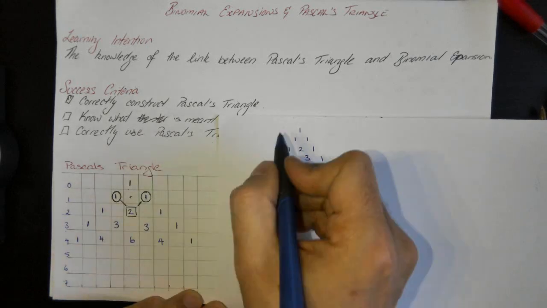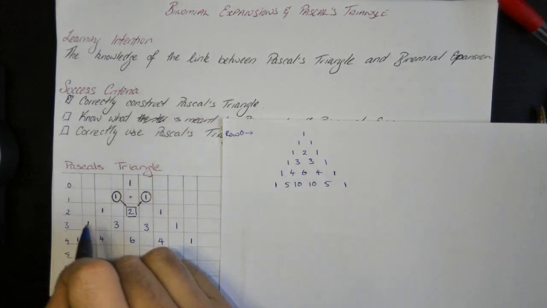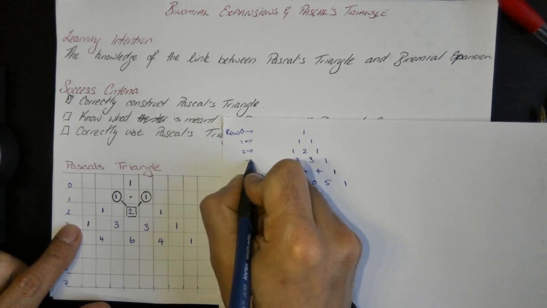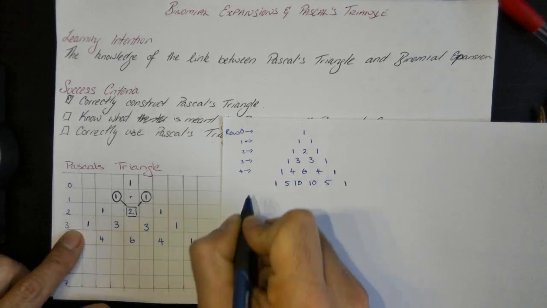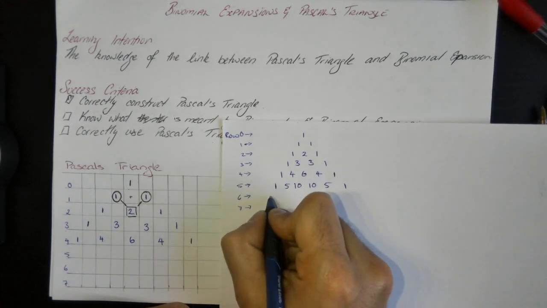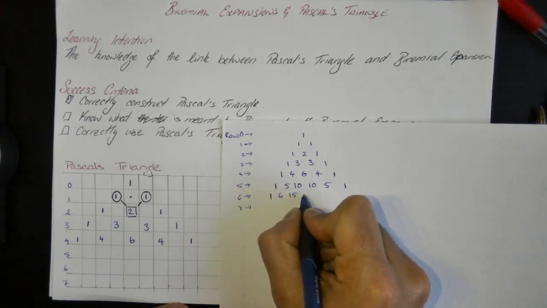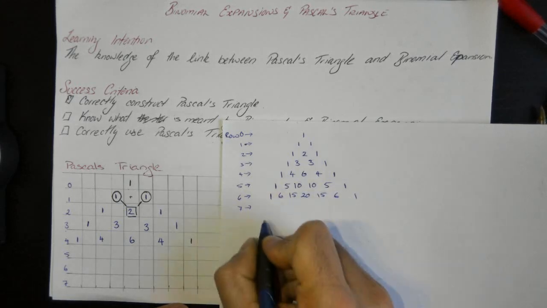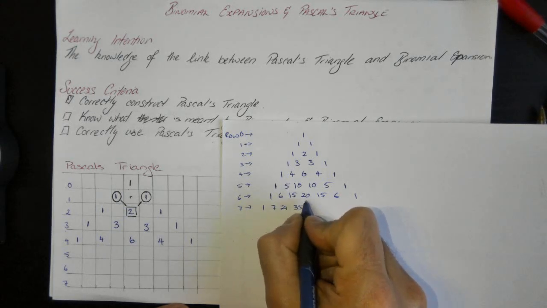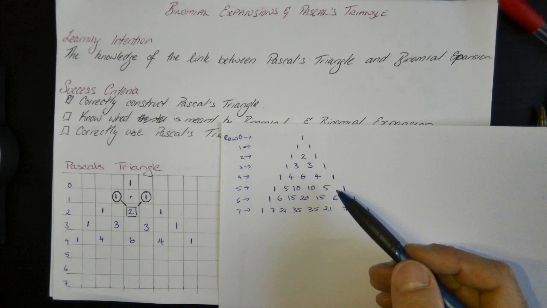The first row is row 0, the second is row 1, then row 2, row 3, row 4, row 5, and I'll go to row 7. 1 plus 5 is 6, 5 plus 10 is 15, 20, 15, 6 and 1. 7, 6 plus 15 is 21, 35, 35, 21, 7 and 1. That is Pascal's triangle.